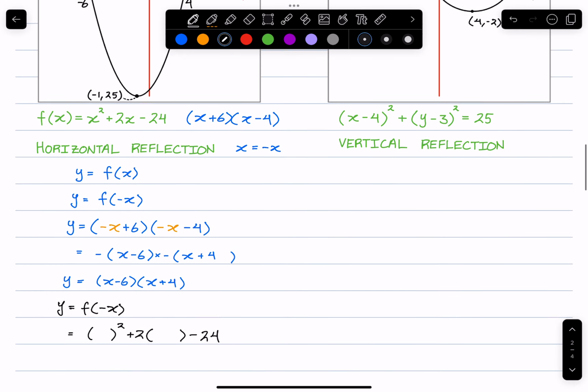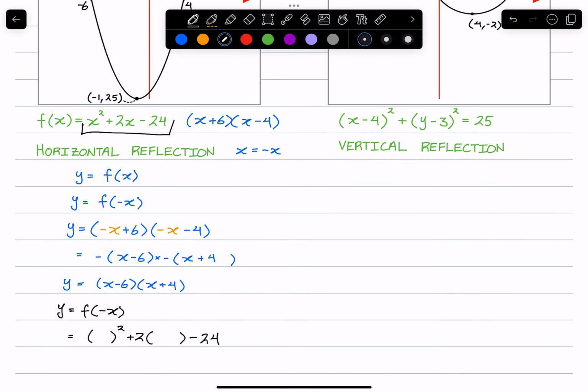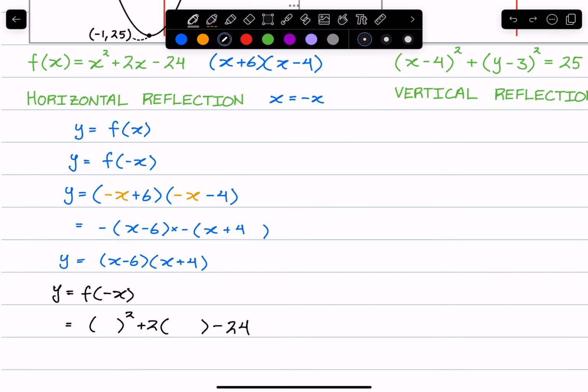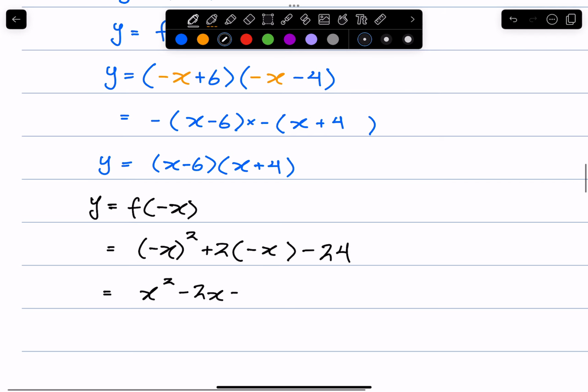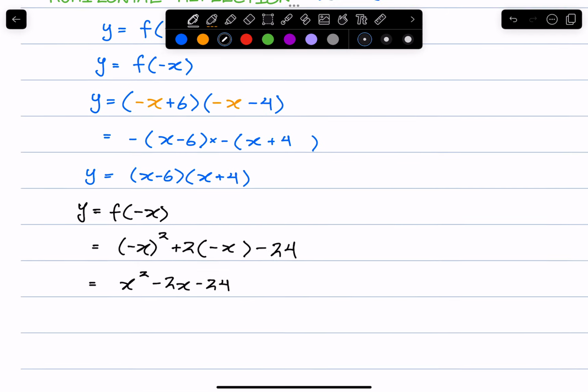So I'm actually taking this original expression, and now I substitute negative x into those. So I get negative x, negative x. So now negative x squared gets us x squared. 2 times negative x gives us negative 2x, and negative 24 remains the same.